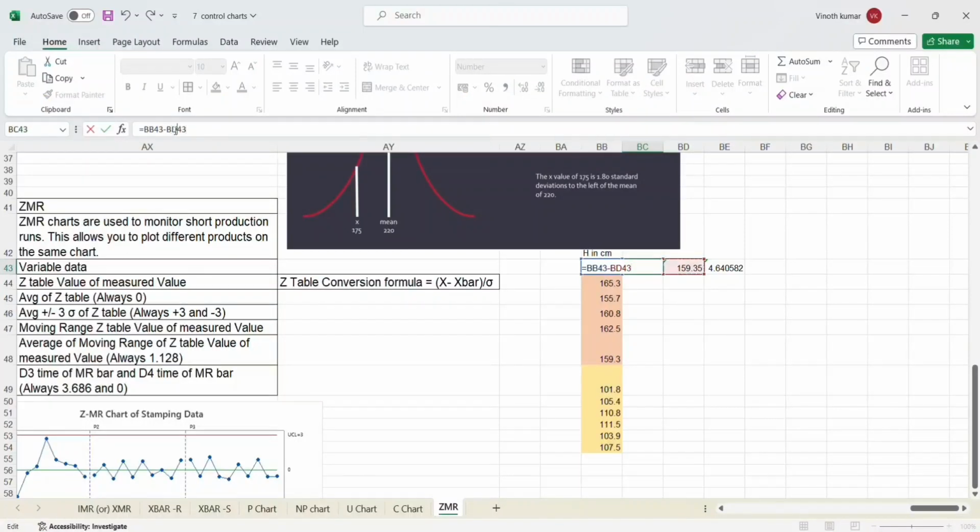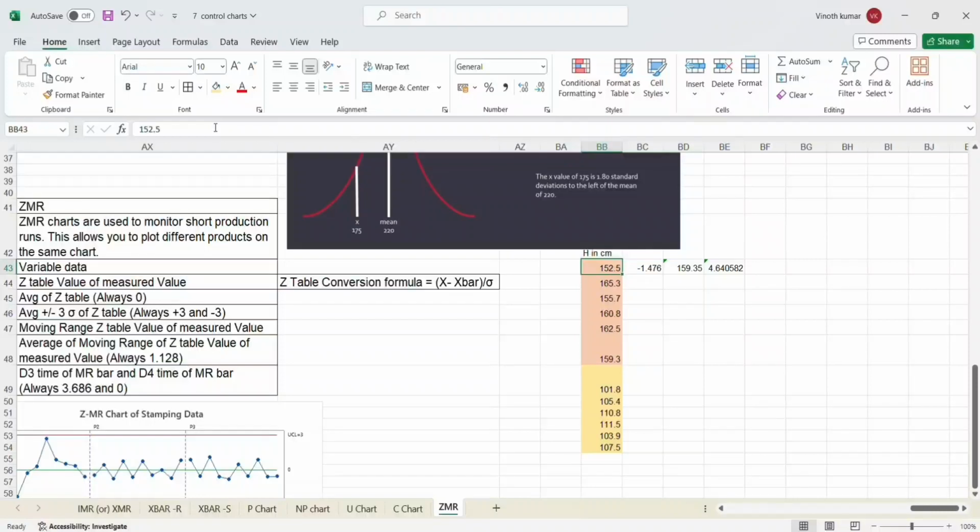To make sure I can copy paste the formula, I'm going to freeze this, and then divide by the standard deviation. Again, in order to copy paste, I'm going to freeze this value, so I'm going to press F4.